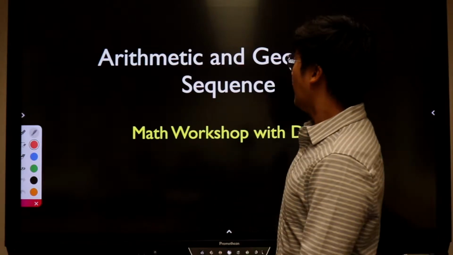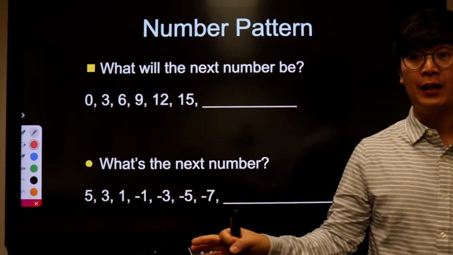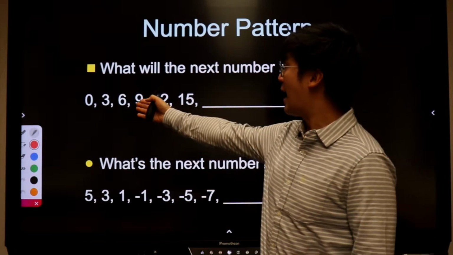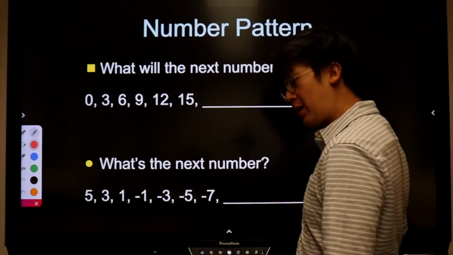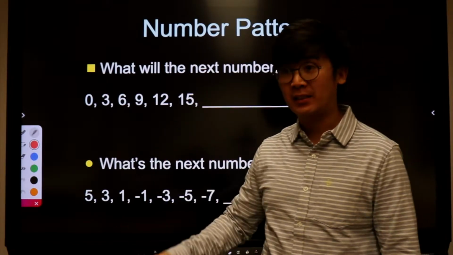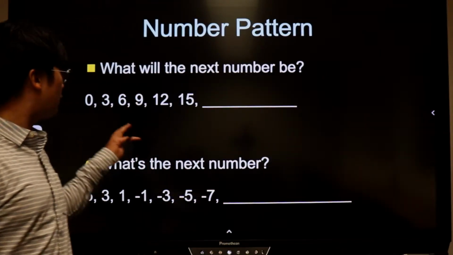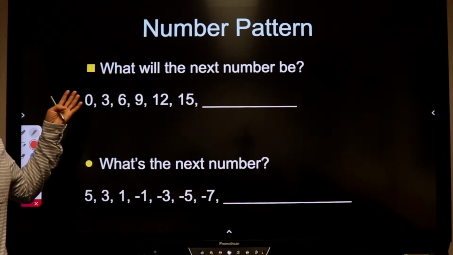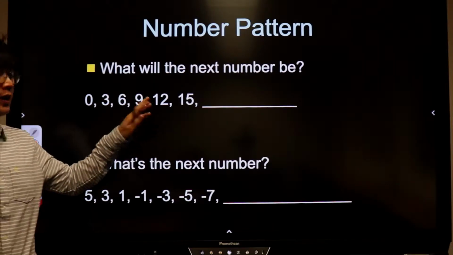So let's talk about sequence and series. And in sequence and series, it's all about number patterns. And number patterns, just like what we are seeing right now, we have a series or a sequence of numbers right here and right here. And if we're going to guess, we're not doing any mathematical calculation, but just looking at the numbers that we have for the first set of sequence of numbers, we have 0, 3, 6, 9, 12, and 15.